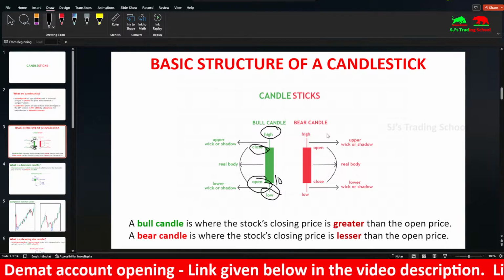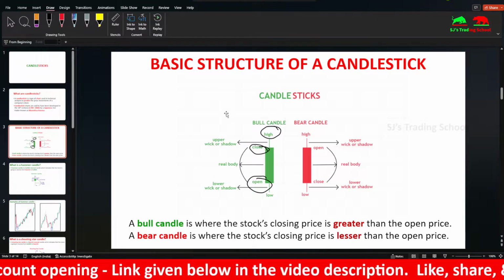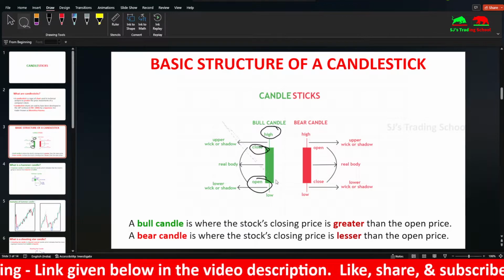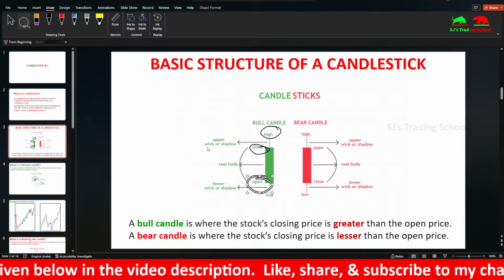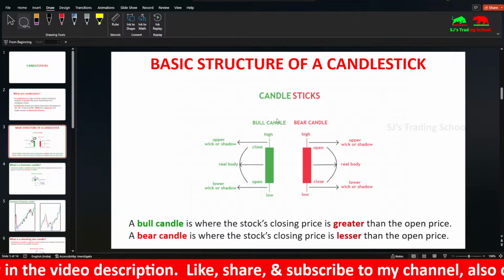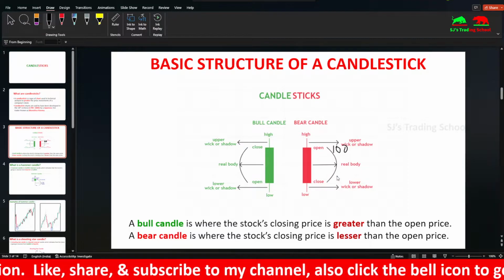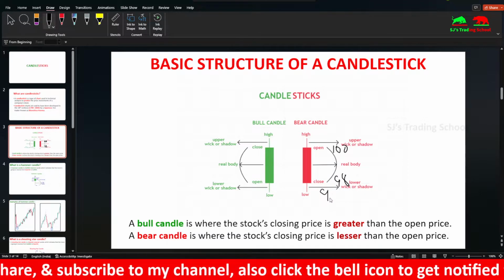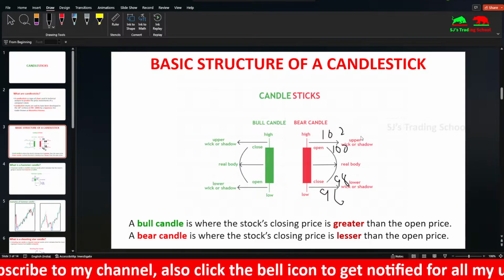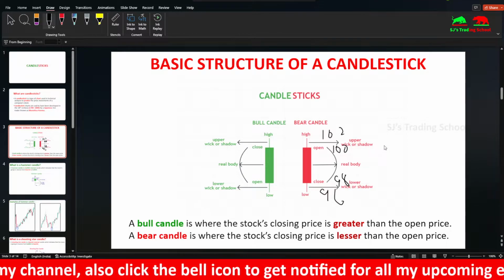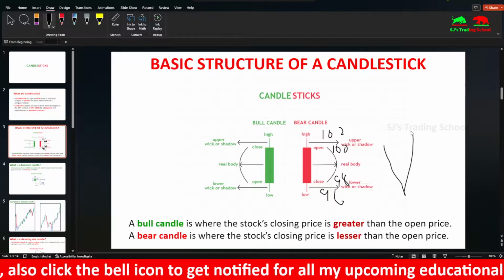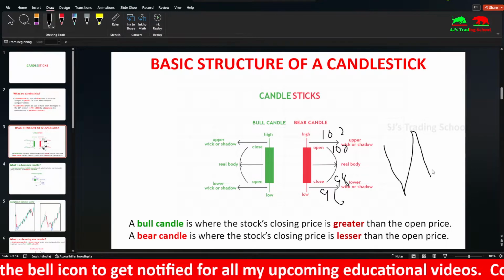Suppose the stock price is 100 and it closes around 98, its low is 96 and its high is 102. It might happen that the stock opens here, goes to the low, comes to the high, and closes at 98 rupees.